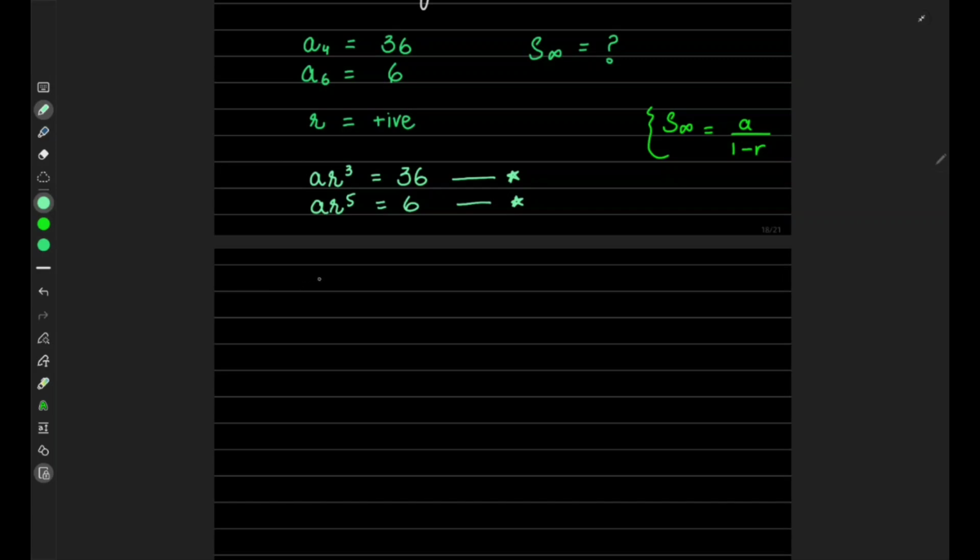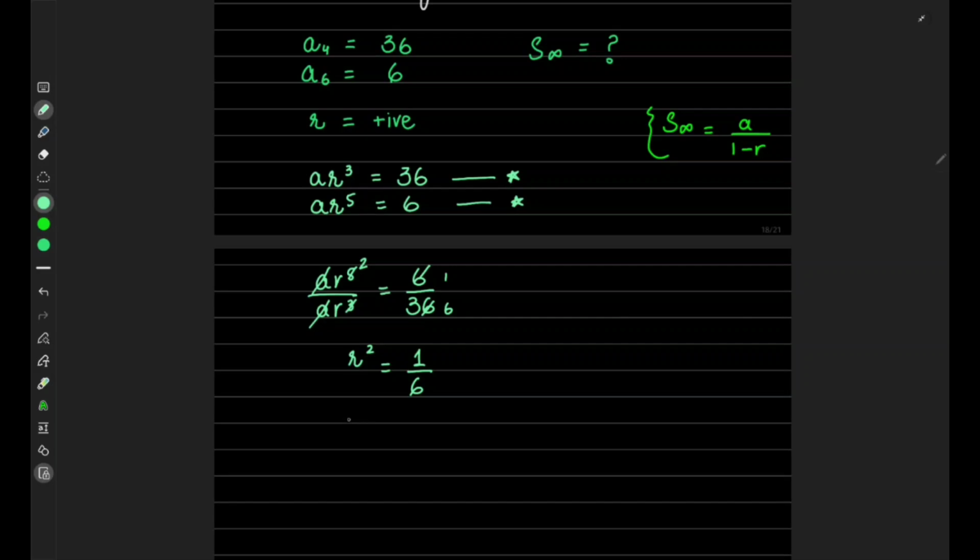Dividing both of them, ar to the power 5 over ar to the power 3 equals 6 over 36. A and a will cancel, cube and cube will cancel, square is left behind. So r square equals 1 over 6.